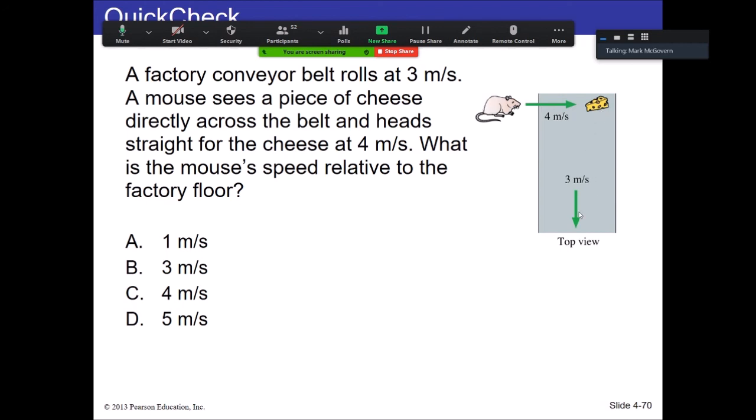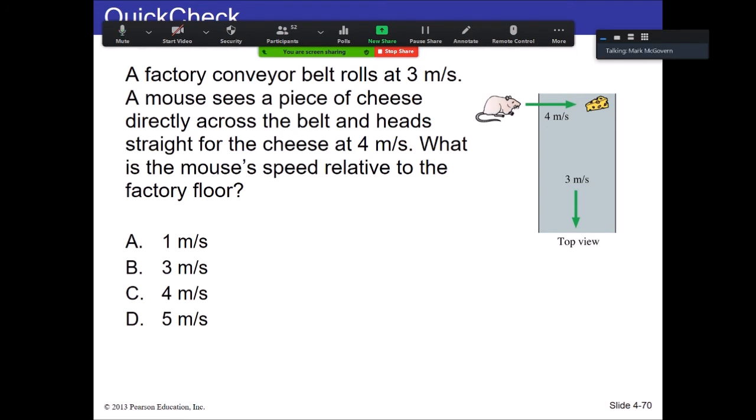Now the conveyor belt itself moves at 3 meters per second. Say you're working in this factory and you see this mouse and you're like, damn it, the inspector's going to be here in an hour. So you got to make sure you get this mouse. So imagine you're looking down on this. What are you going to see the mouse doing from a ground perspective, basically? What do you think's happening here?